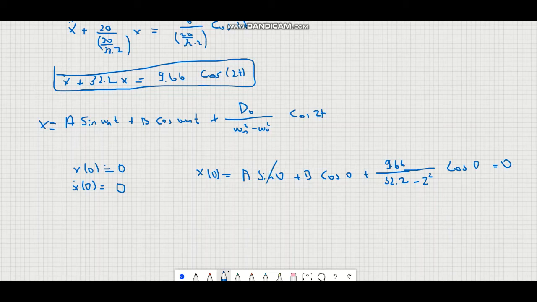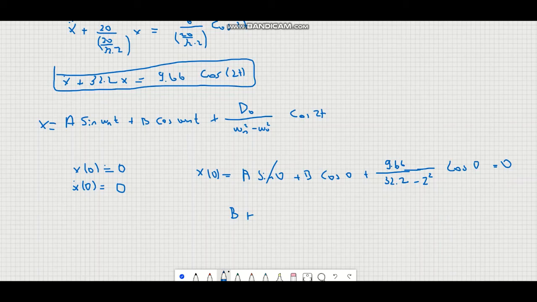A sine 0 is gone. There is B plus 9.66 over 28.2. Let me see. 9.66 over 28.2 is going to be 0.34.